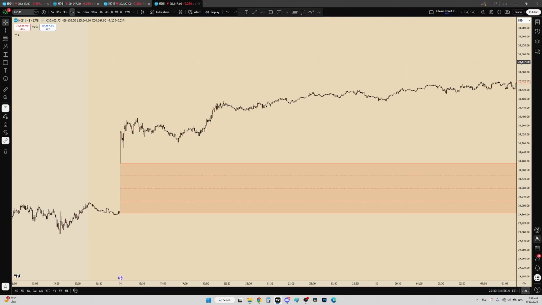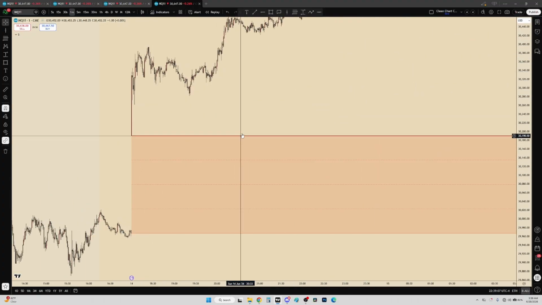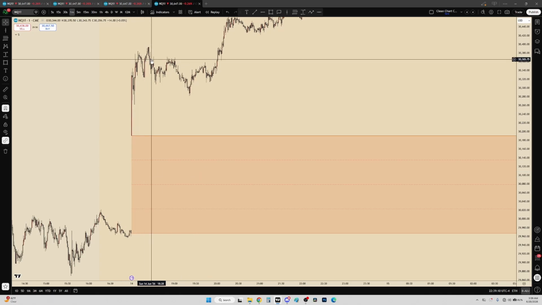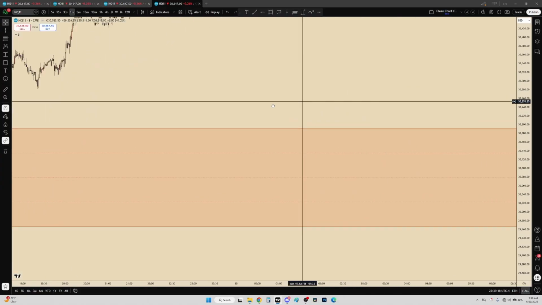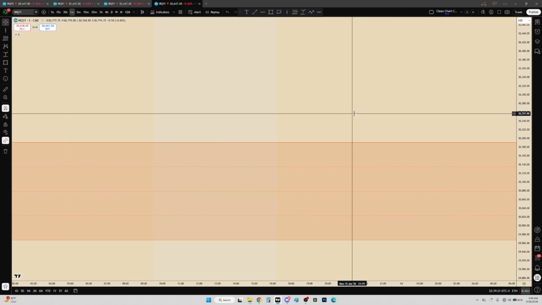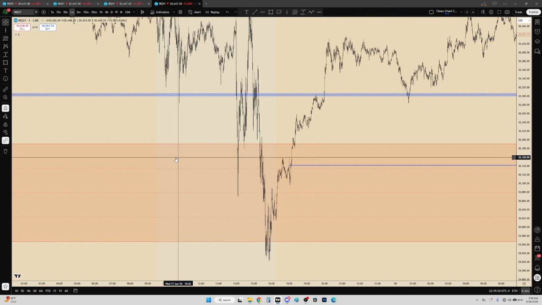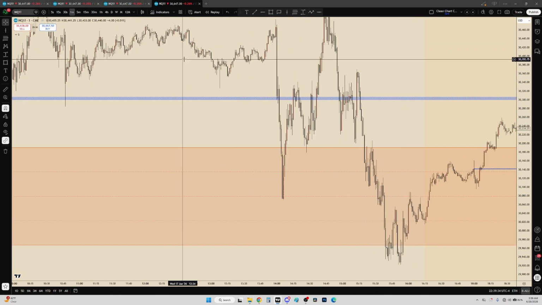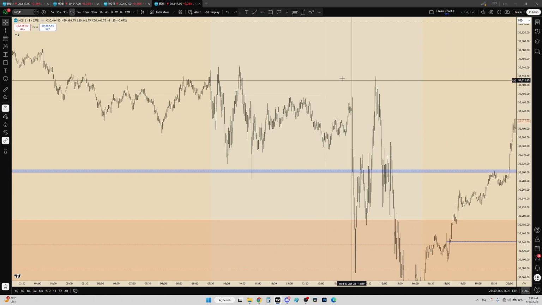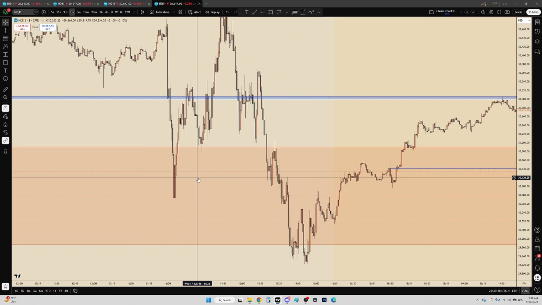So this opened up, immediately went higher, and left it open. This was when we had the news of the deal between the US and Iran on the Strait of Hormuz and all that stuff. But yeah, we left it open all the way until Wednesday. So you could have used the NWOG as a target for your short trade. If you were looking for a short trade up here, you could have used the NWOG as a target.